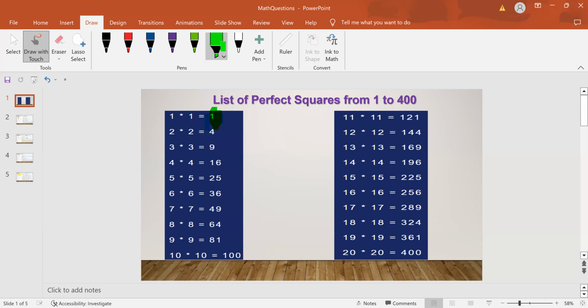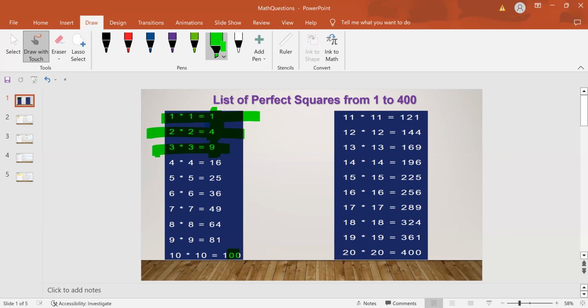So 1 is a perfect square because 1 came from 1 times 1. 4 is another perfect square because 4 came from 2 times 2. 9 is a perfect square because 9 is 3 times 3. So if they say that a number is a perfect square, that means that number is equal to a number multiplied by itself.